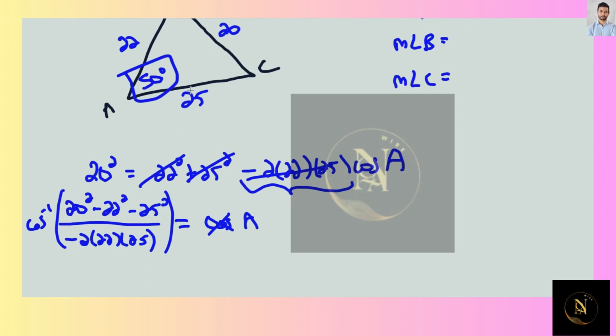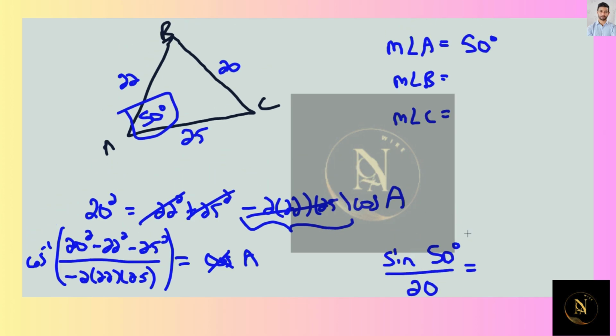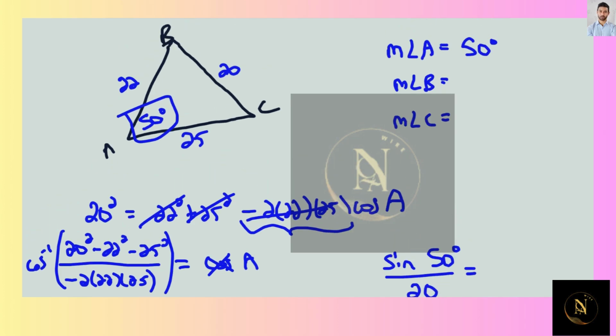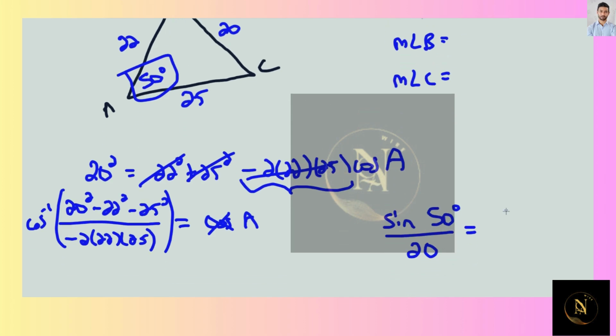For angle B, we can now use the law of sines. We can say something like the sine of angle A over side A is equal to, I'm going to go for angle C now, sine C over side C, which is 22.